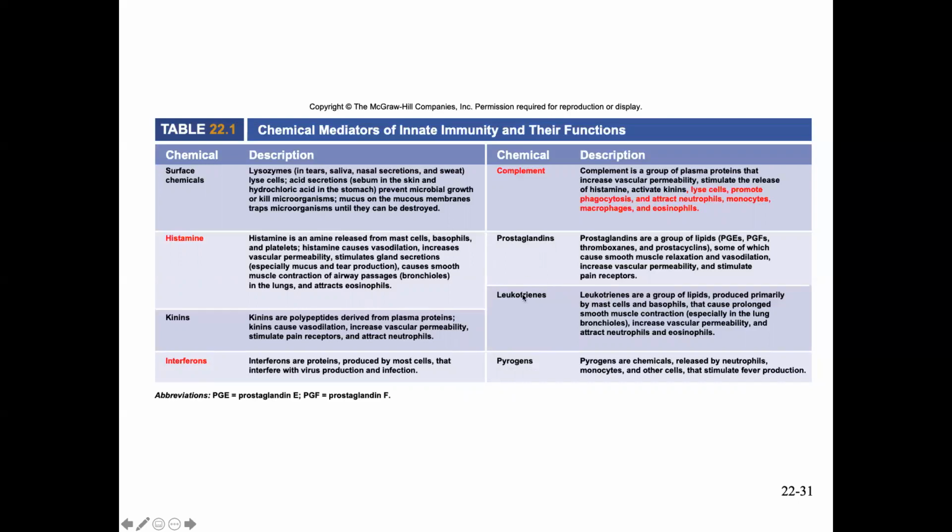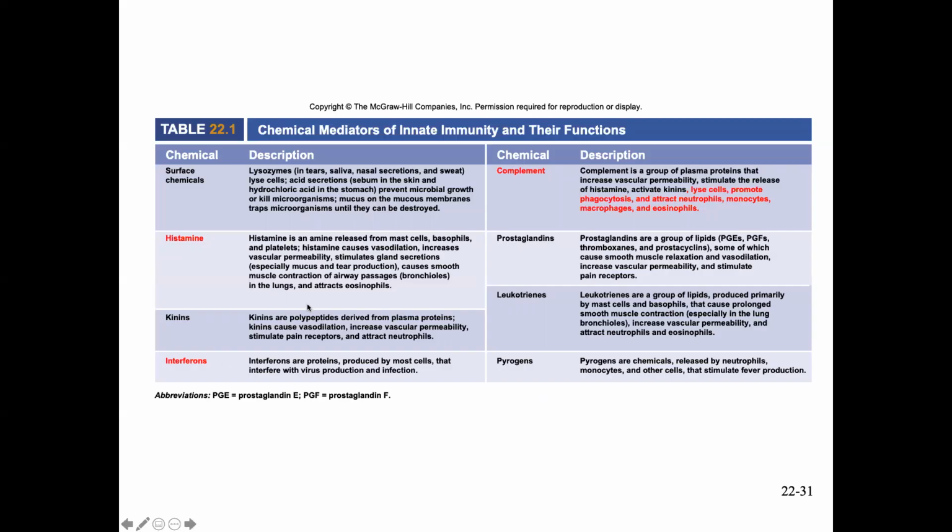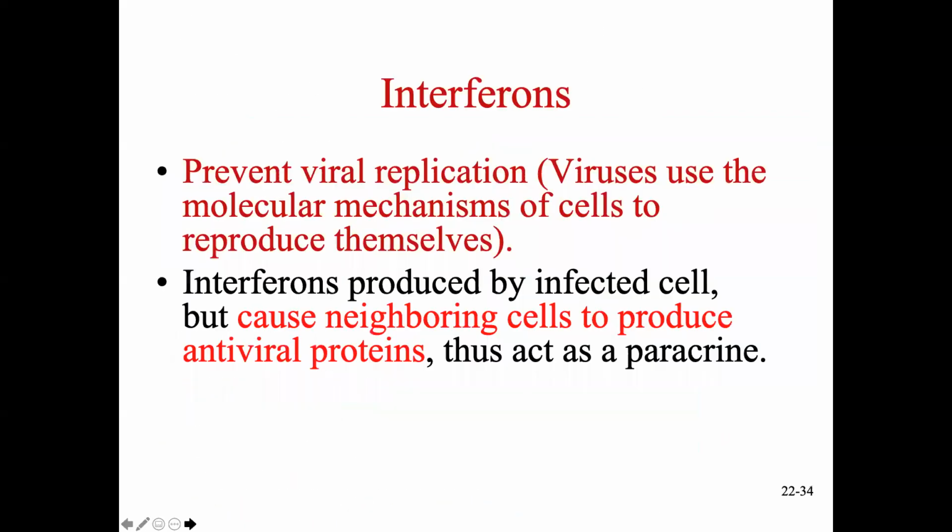Just these in general. Histamine, I want you to know a little bit more because we've talked about it a little bit. Histamine is an amine released from mast cells, basophils, and platelets. Now, what is the difference between a mast cell and a basophil? The difference is location, right? So I'm going to come back to this in a second. I believe I have a slide just on histamine.